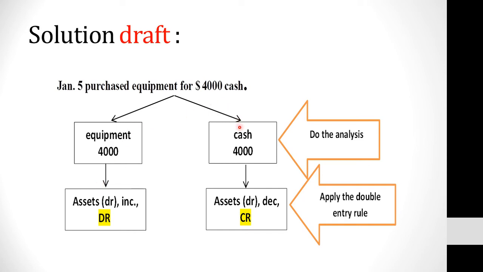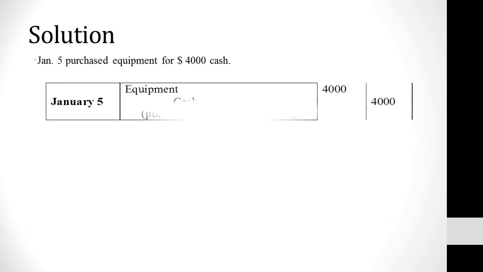How about cash? Cash is also an asset. It is also normally debit, but it decreased here, so we place it in the credit side like this. Equipment in the debit side, we write the debit side first, for 4,000. Cash within the credit side for 4,000, and you write the explanation: purchase the equipment for cash. This is cash, not each. Okay.